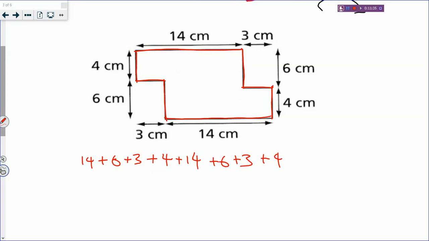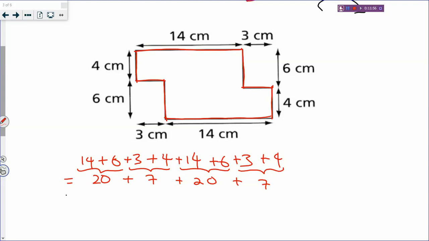So how do I prevent the calculation mistake? Pairing, right? You do pairing so that you can do it faster and with less carelessness. So you have 20 plus 7 plus 20 plus 7.